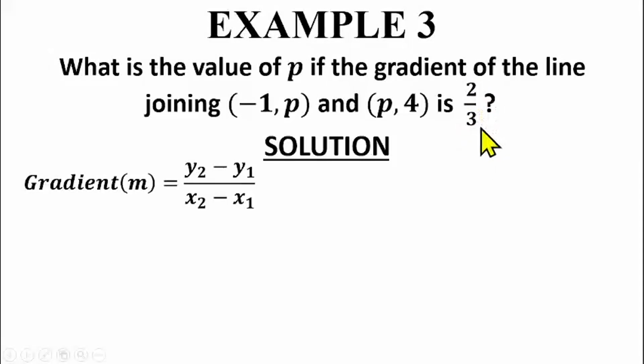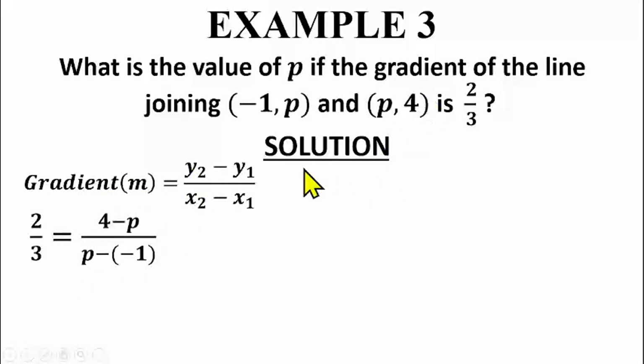The gradient is 2/3, so we place m here: 2/3 equals y2, which is 4, minus y1, which is p, so 4 minus p, over x2, which is p, minus x1, which is -1.